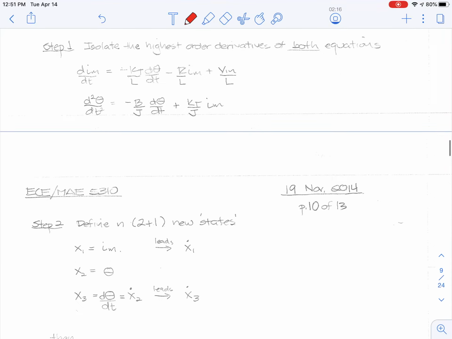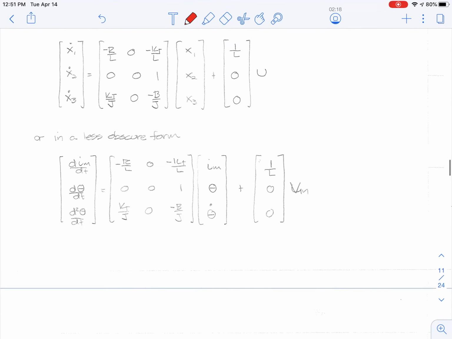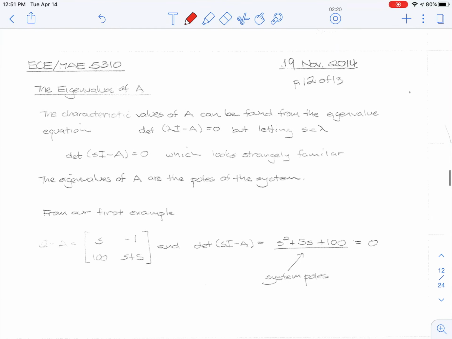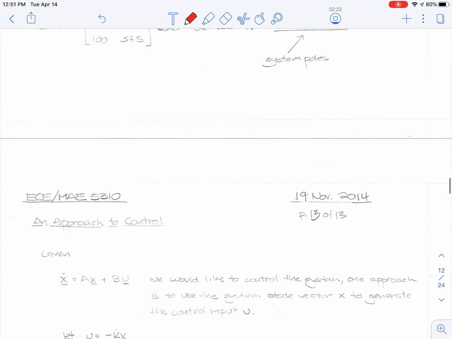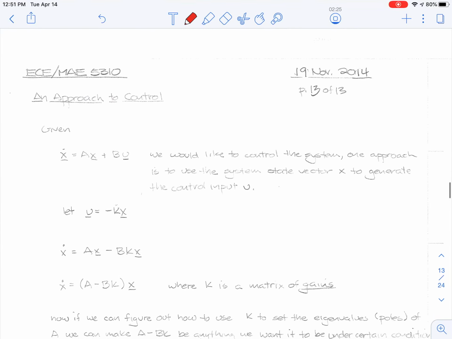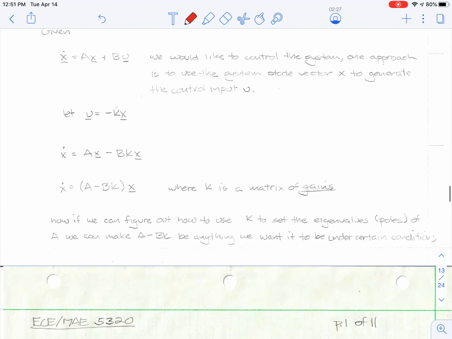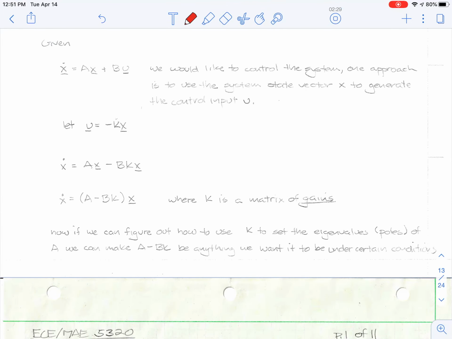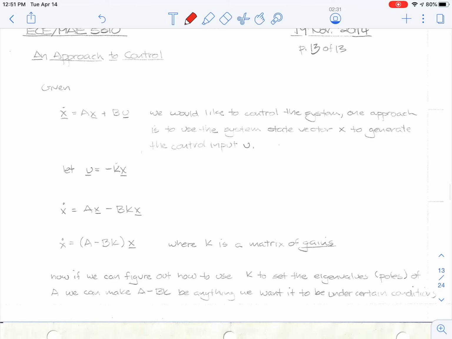Okay, so I go through a DC motor example, and then talk about the eigenvalues, and talk about an approach to control called state feedback, full state feedback. What I do is create a control vector U, which consists of some gain matrix K times X. And then I put that in, and I end up with a new matrix here.